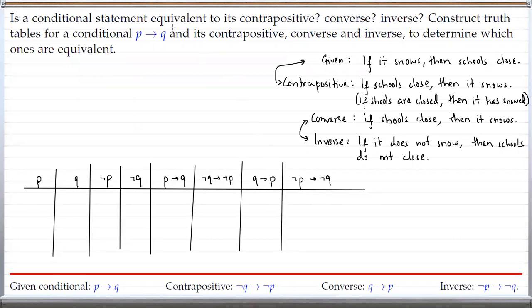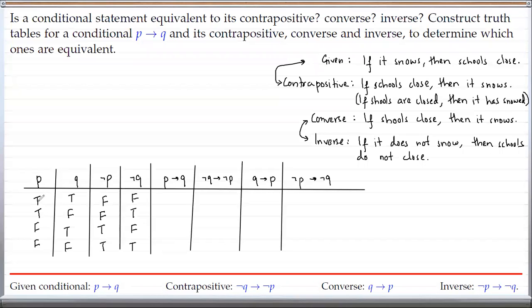So now we look at all the possible combinations of truth values of P and Q. For that, we can have true, true, false, false here, and true, false, true, false. Not P is the negation of P, so we have false, false, true, true. Not Q is the negation of Q, we have false, true, false, true.